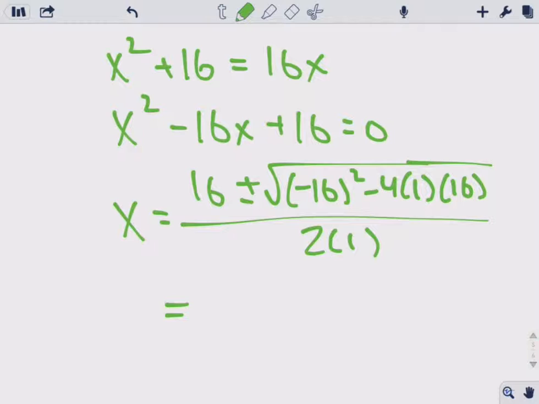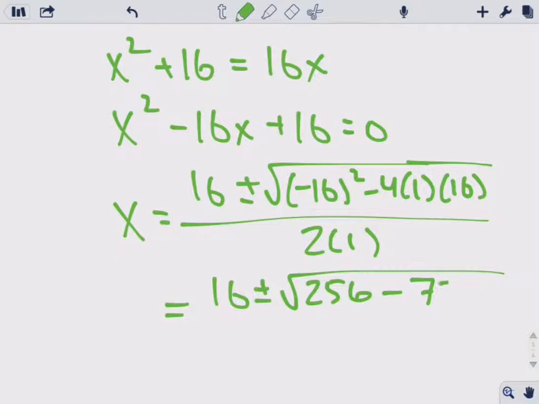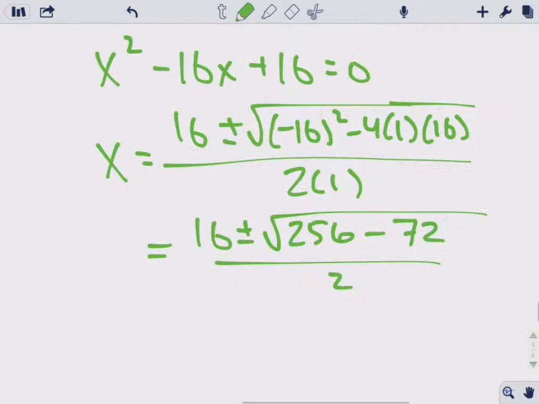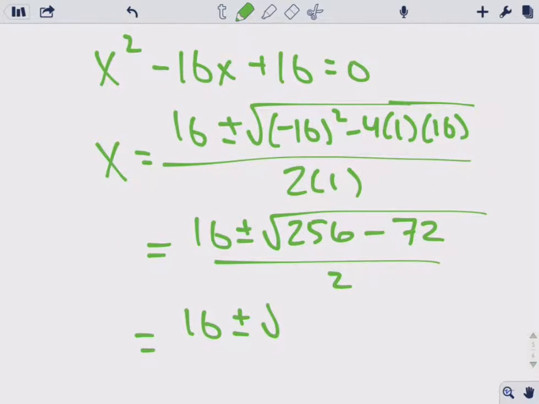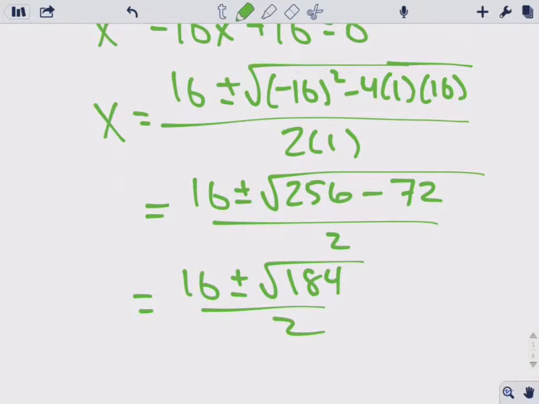Alright, so negative 16 squared is 256, and that's minus 4 times 16, which is 64. 256 minus 64 equals 192... 16 plus or minus the square root of 184 over 2. 184 divided by 4, yeah, it's divisible by 4: 4 and 46.